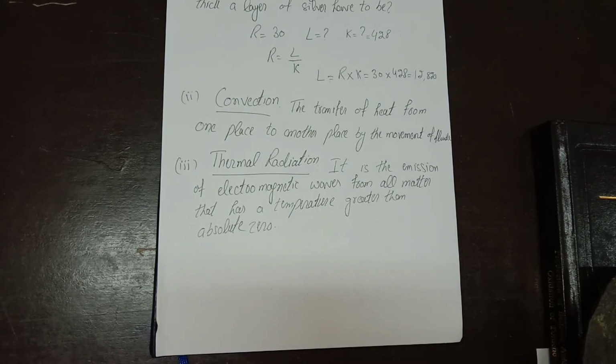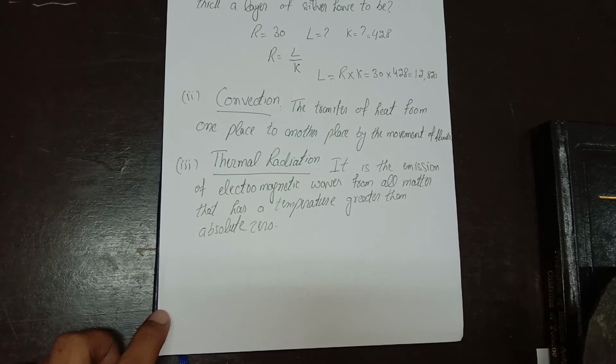These thermal radiations are not like the ones used in electrical signals like radio signals or X-rays. Suppose you are sitting near a fire and the heat energy that comes out of that fire reaches you and your body feels warm.